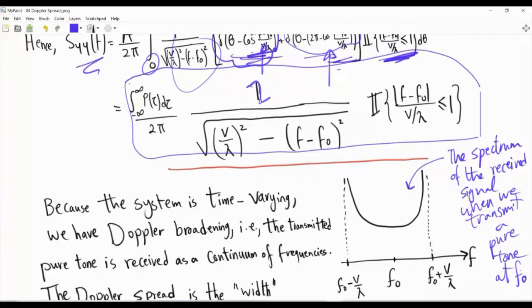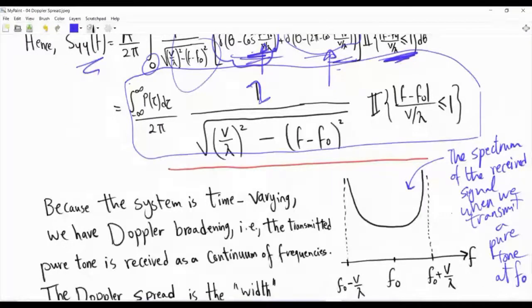So you transmit a signal that in the frequency domain is just a Dirac delta at f0, just a spectral component at f0. That's it. It's a pure tone. But when there is mobility, what you get is not a signal just at f0. It's a signal with a power spectral density that is non-zero, extending from f0 minus v over lambda to f0 plus v over lambda.